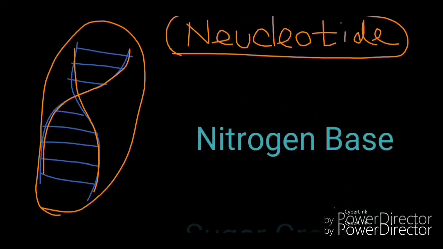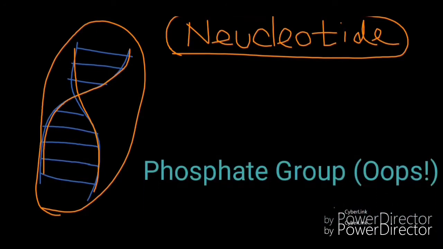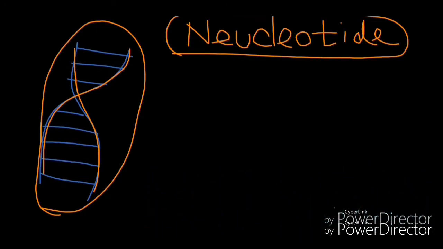I told you about nitrogen bases in the first slide. So what are the nitrogen bases? The nitrogen bases are the main thing we have to learn, and they are behind genes, because I said nitrogen bases in a DNA sequence form genes.